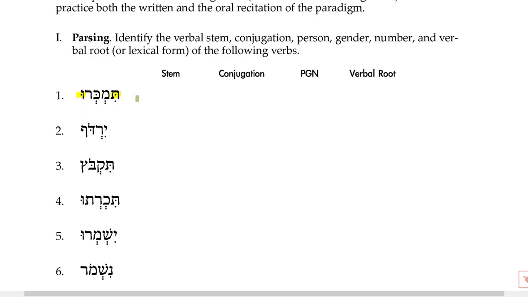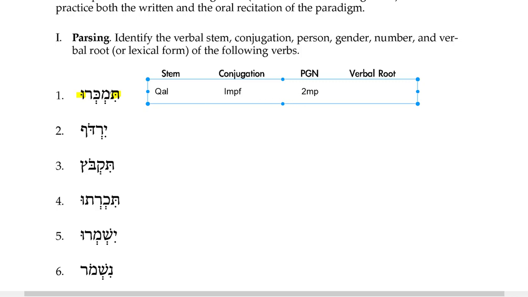So this is going to be a Qal, and I guess every one of these is going to be a Qal, but let me go ahead and complete this now. So we're going to have a Qal, and this is going to then be an imperfect. I'll just do IMPF. And person, gender, number, we saw from the chart that was second masculine plural.